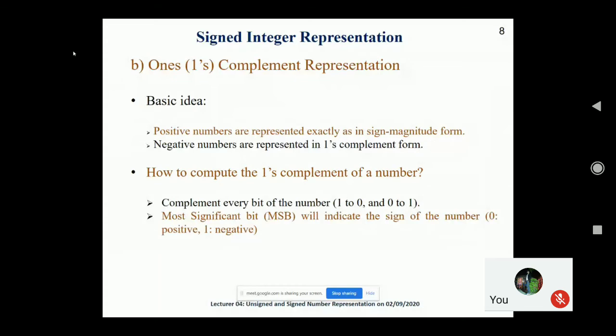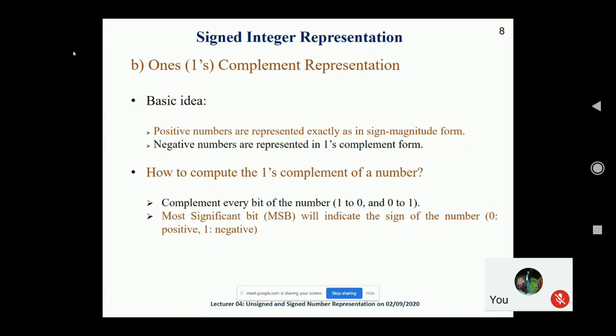Positive numbers are represented exactly as in sign magnitude form. This is the first idea. The second idea is that negative numbers are represented in ones complement form.